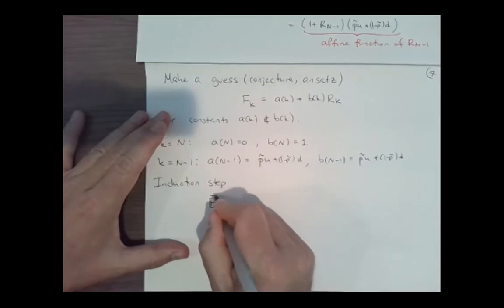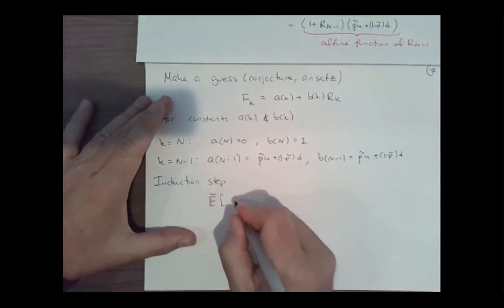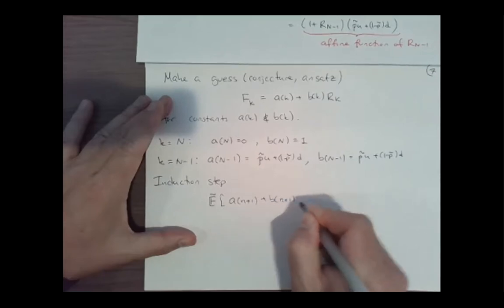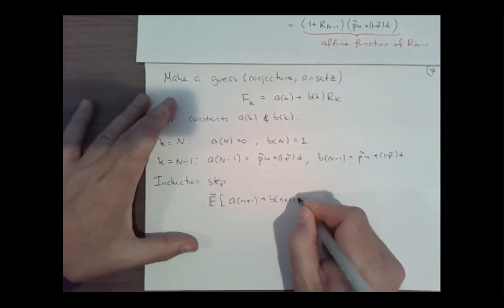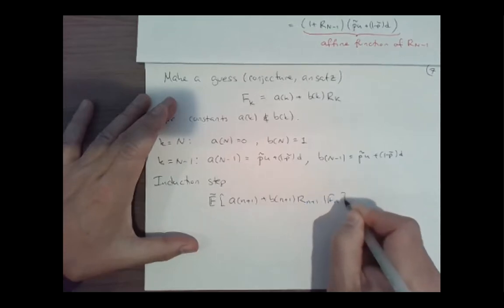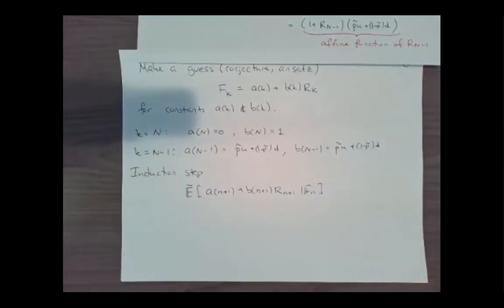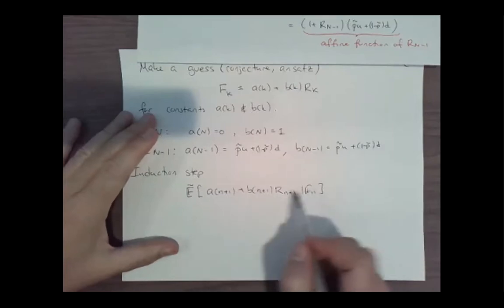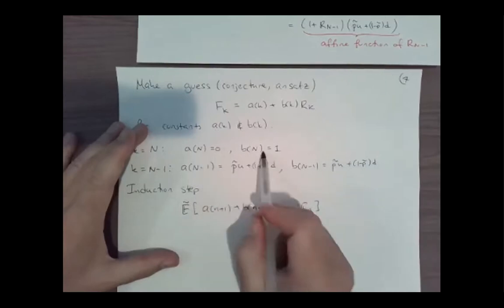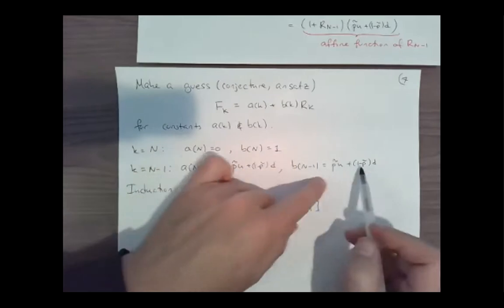If I take the conditional expectation of A_{n+1} plus B_{n+1} times R_{n+1} given F_n, I want to prove that when I compute this conditional expectation, I get something that has exactly the same form, but potentially with different coefficients. These coefficients change over time: 0 becomes this coefficient, 1 becomes this coefficient.